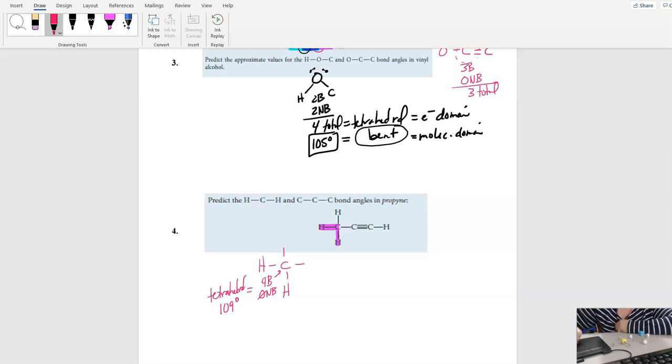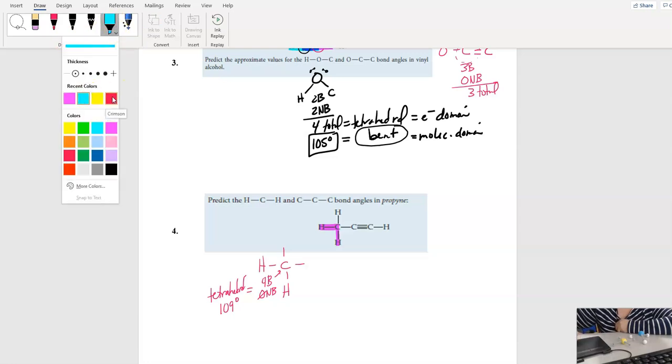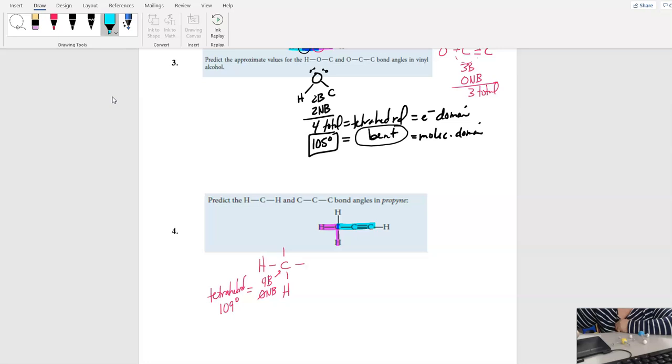Well, now they want the CCC. So in a different color, they want this one right there for the CCC. You're not going to see them draw triple bonds or double bonds in the one that they want, so don't get too confused. They want the angle between the C, C, and C. So right there, they want you to focus on that central atom. I don't really care what else is surrounding it.